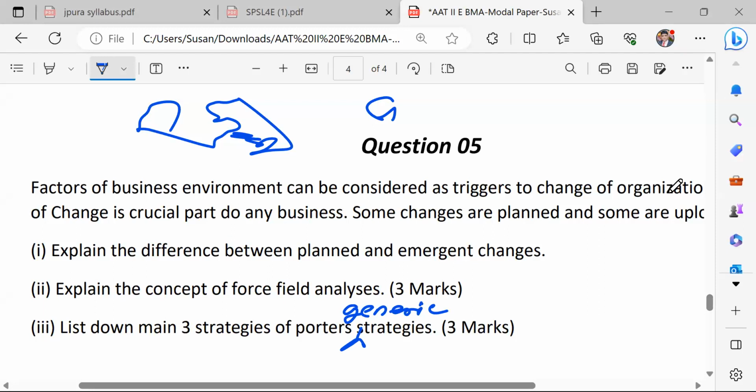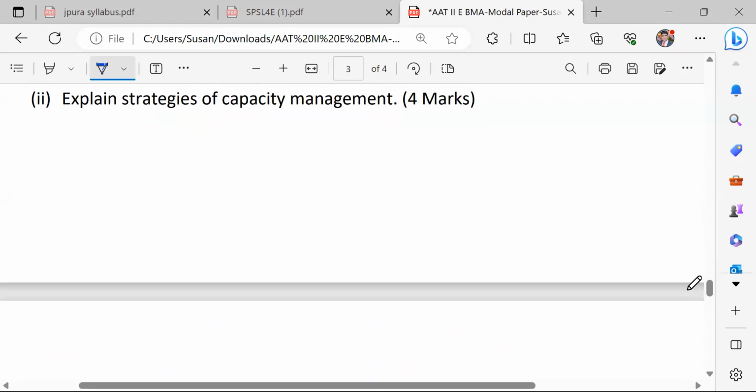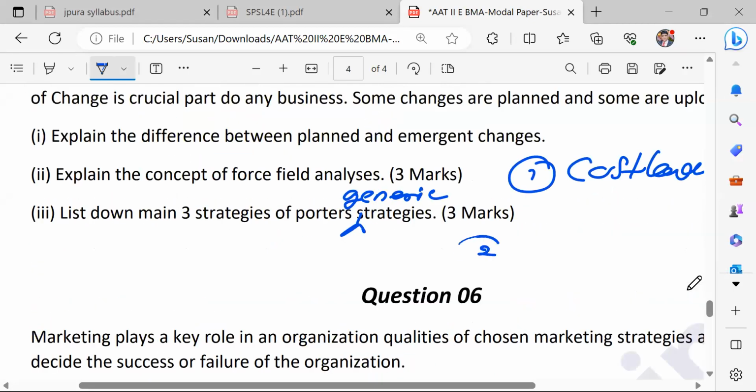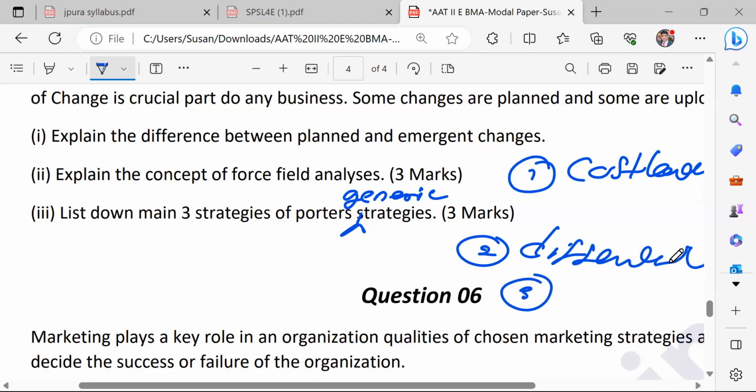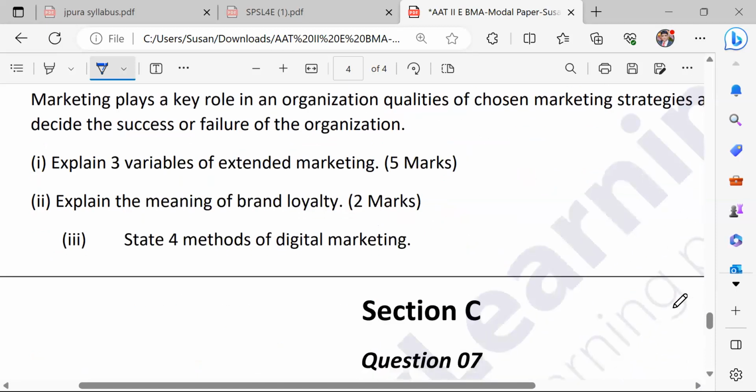One is cost leadership, the second one is differentiation strategy, and the third one is focus strategy. Right? These strategies were introduced by Michael Porter, right?